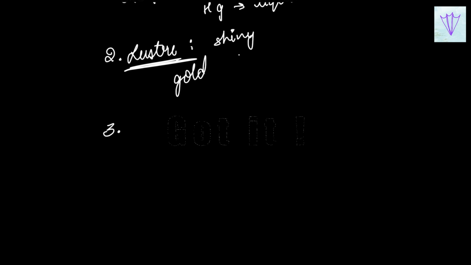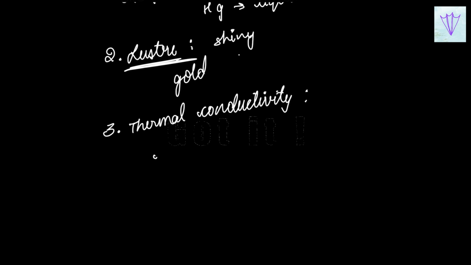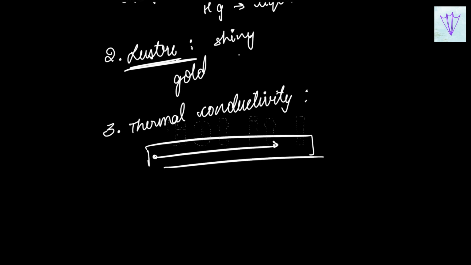The third physical property is thermal conductivity. The transfer of heat from one end of a substance to the other end is known as thermal conductivity. Metals can transfer heat from one end of an object to the other end, so they are called thermal conductors.